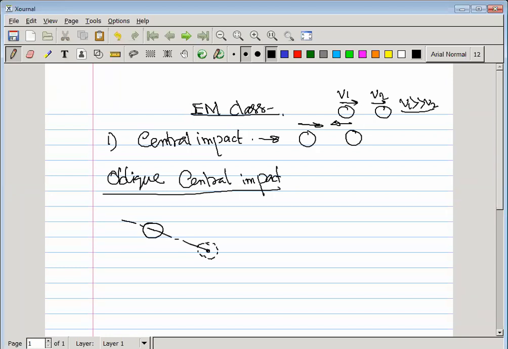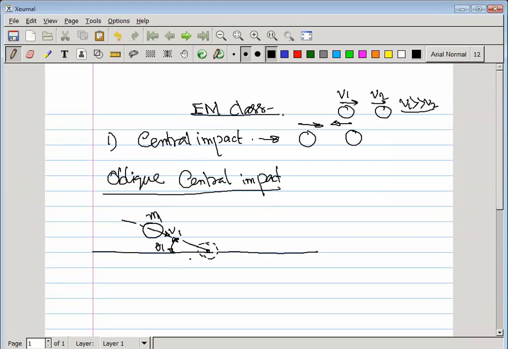If we take this one as an angle theta1, and this is v1, and the mass of that particle or body is m1.